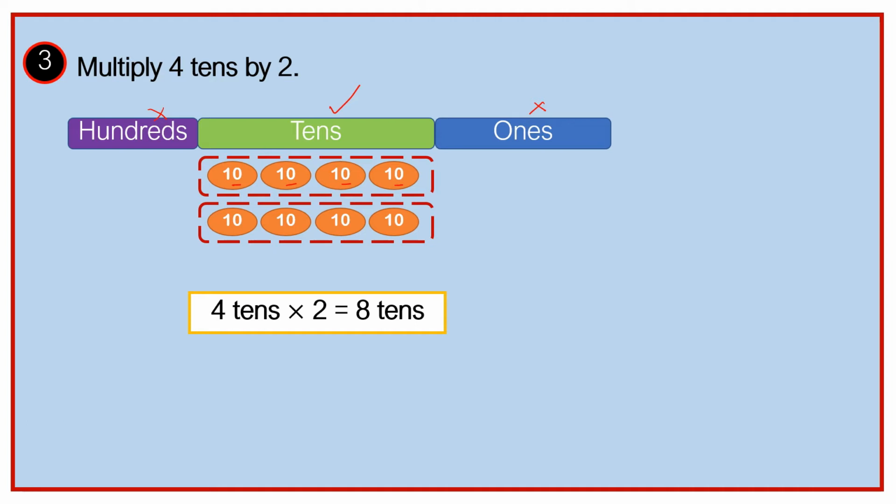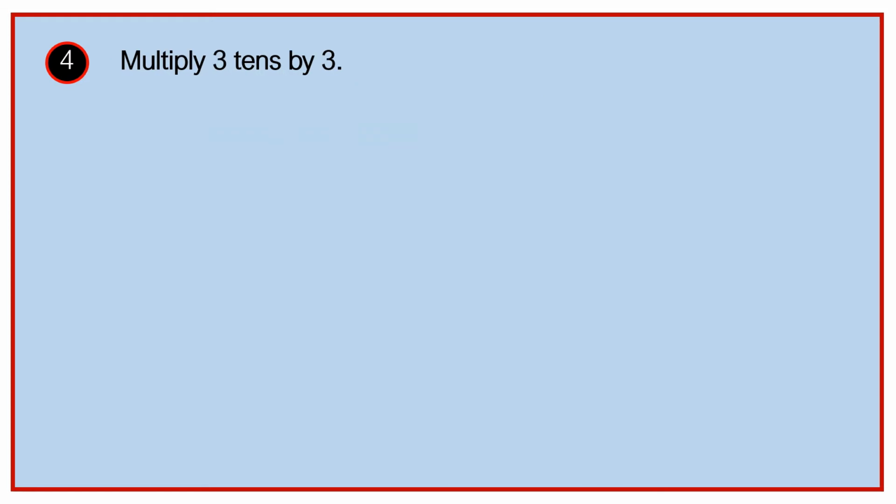Remember, when we say 4 tens, actually we mean 40. And when we say 8 tens, actually we mean 80. Remember, okay? So in part 3, let us multiply 4 tens by 3.